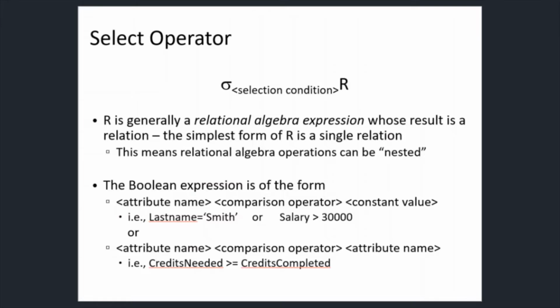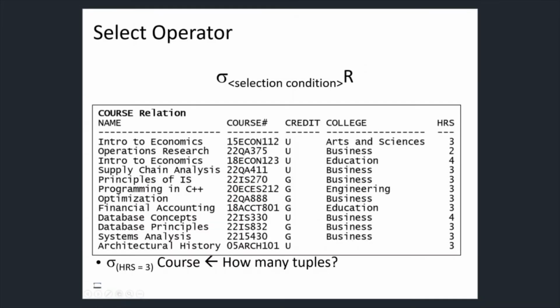Okay, so these two examples, it could be last name equals Smith or salary greater than 3,000. Similarly, we could say the credits needed have to be greater than credits completed. So it is a condition that our rows must meet in order to be returned by the operation.